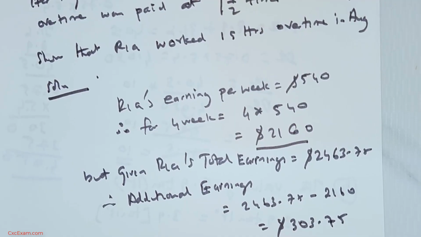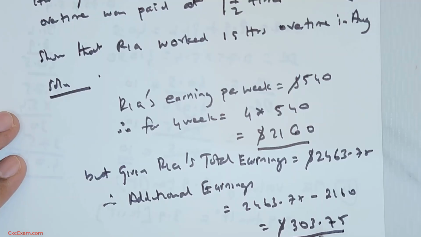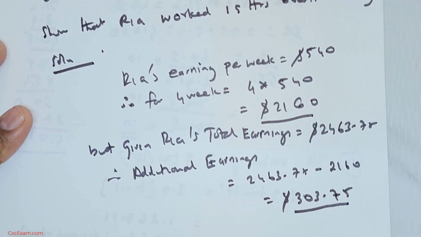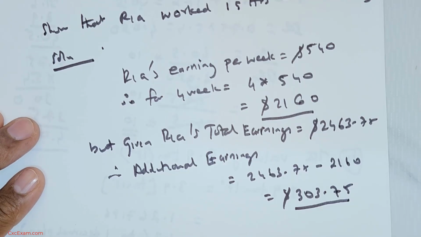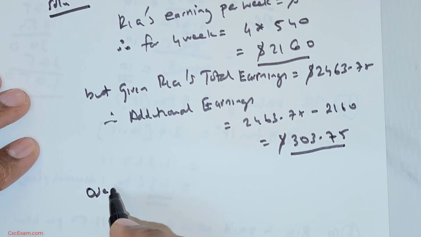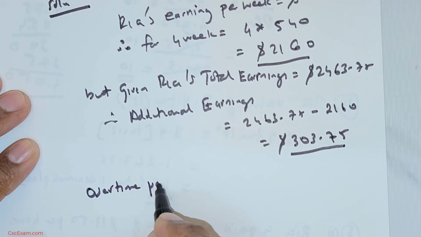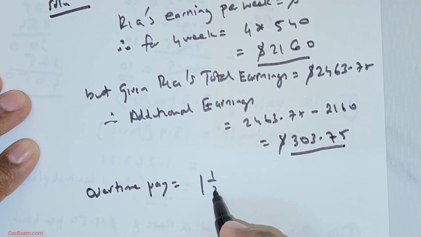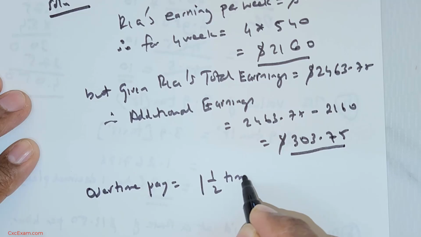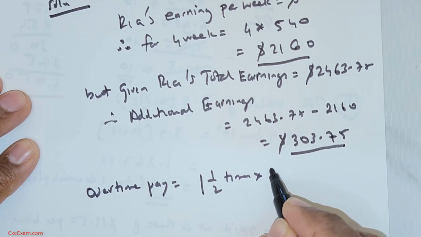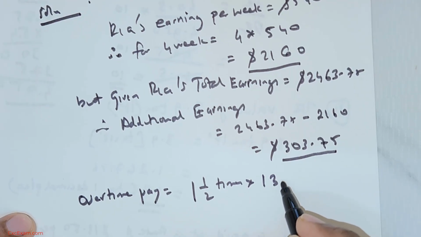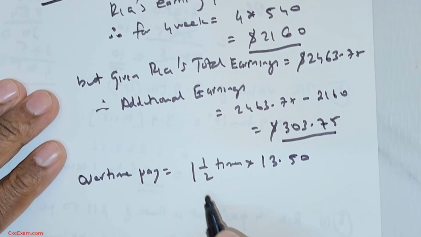Now the question is, we will have to find out the number of hours involved in this. Okay, so I'm going to use this thing. Overtime pay is 1 and 1 over 2 times the usual rate. The usual rate has been 13.50, right?